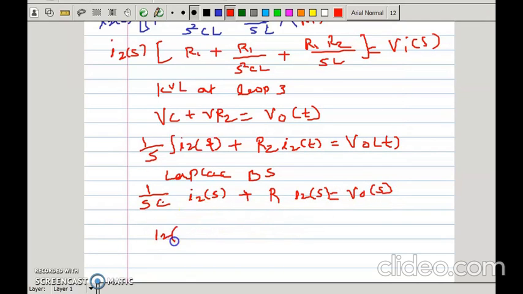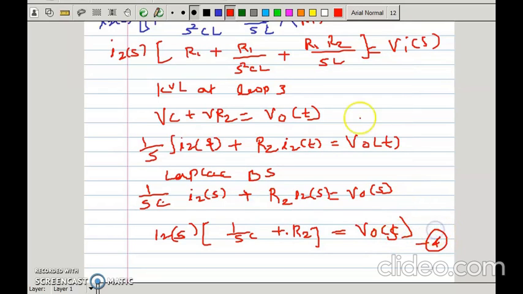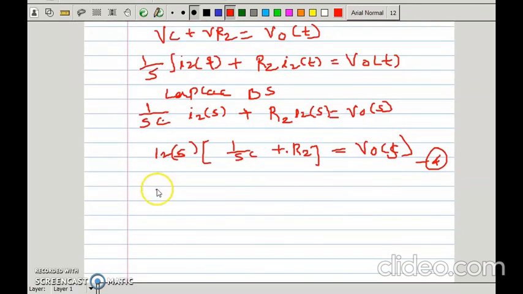Let's put I2 outside. What is inside? 1 upon SC plus R2, is equal to V of S. Let's assume this is equation number 4 and this is equation number 3. Let's divide equation number 4 by equation number 3.